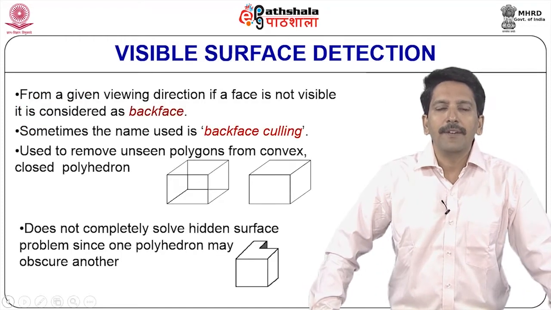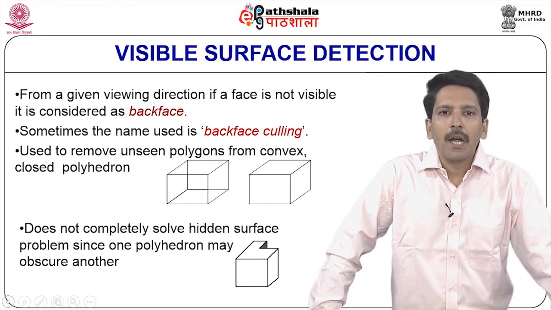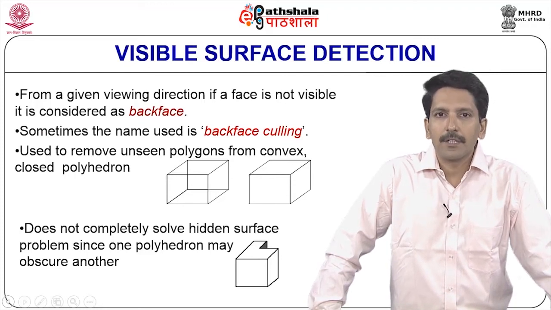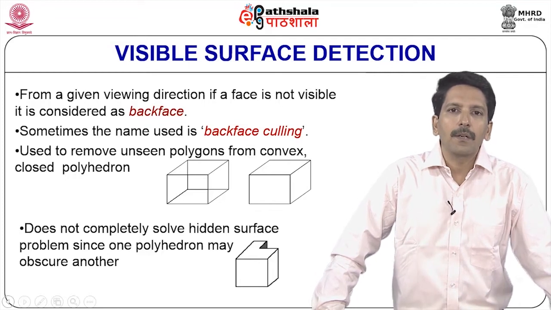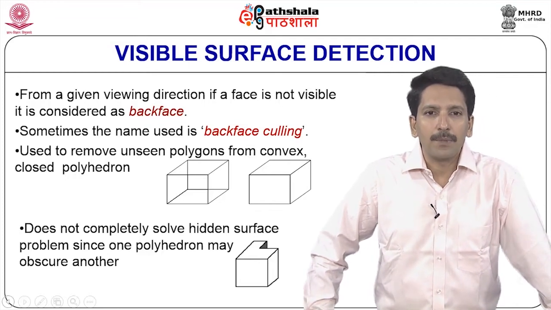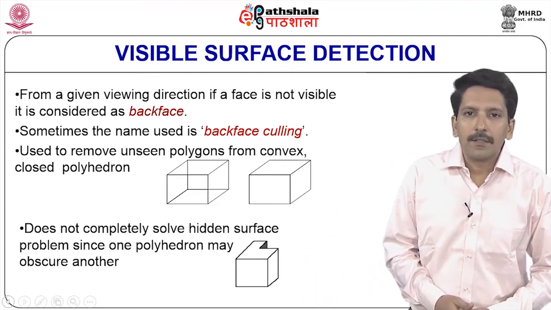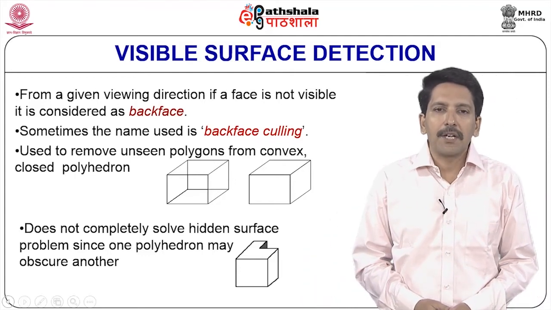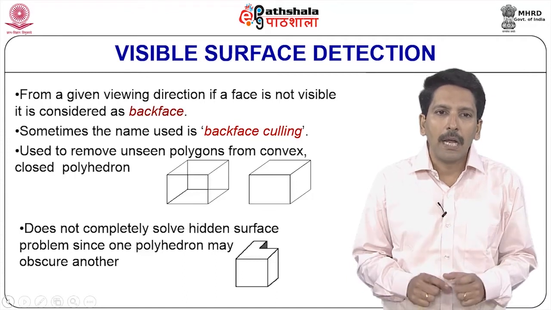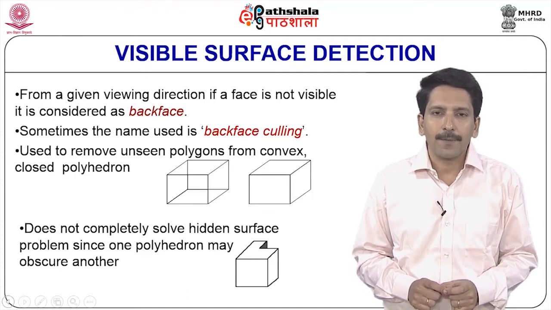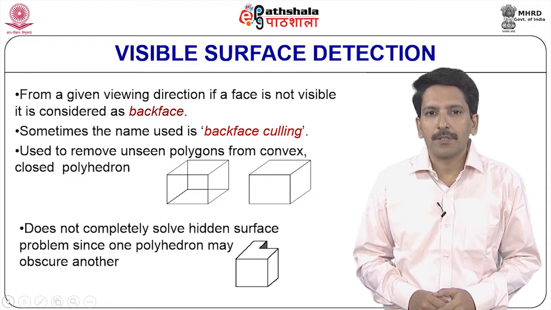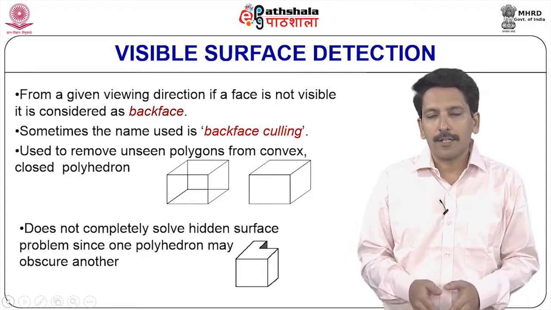Let us look at the very first method for visible surface detection, which is the simple backface detection, categorized under object space methods. As you can see in the slide, from a given viewing direction, if a face is not visible, it is considered a backface.